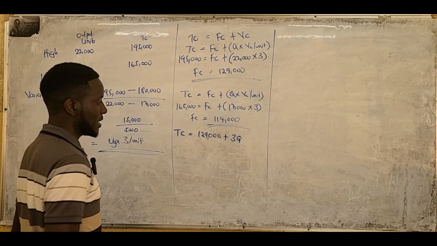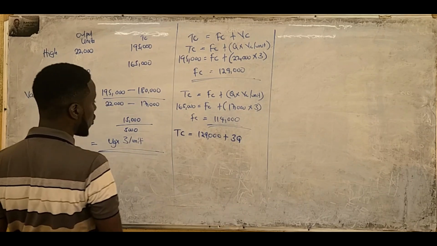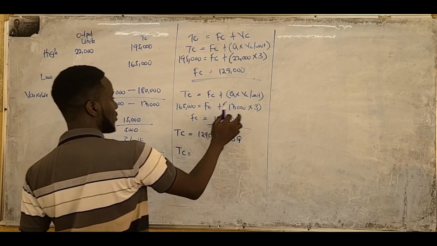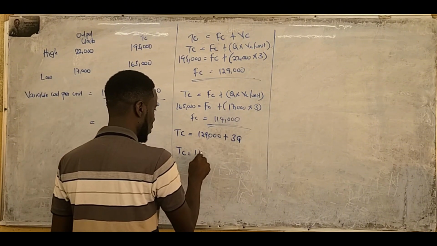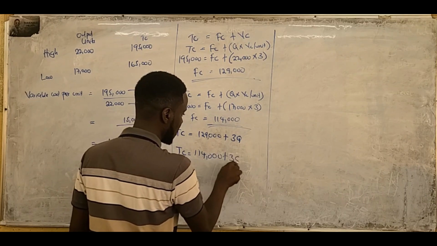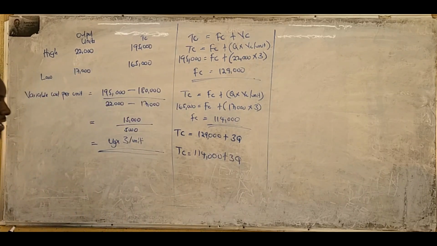That is our equation 1. Then for the low, we are going to have total cost equals our fixed cost of 114,000 plus 3Q.